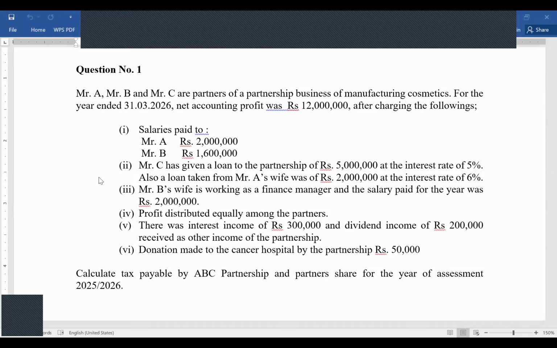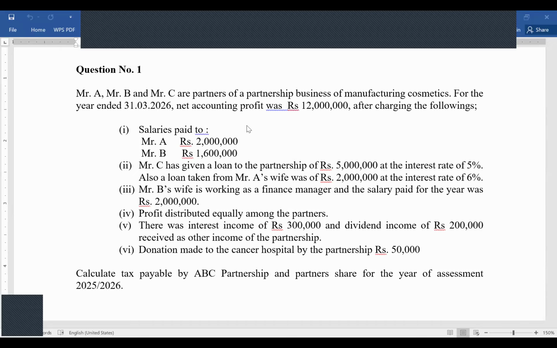So now you can remember some important thing I have already mentioned. What are those? In the example, in the presentation slides, I included some important thing. If a partnership paid salaries to partners, do we allow it or not as a deduction?